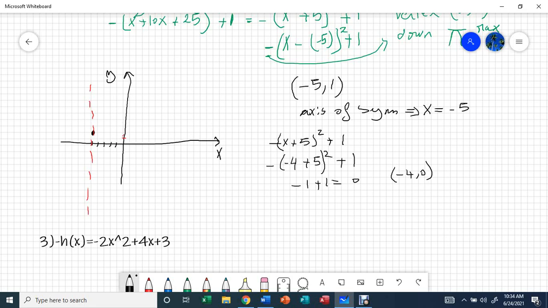So the graph will look like this. It's symmetric about x equals negative 5, not the y-axis, and the line x equals negative 5 is in the middle of the graph.